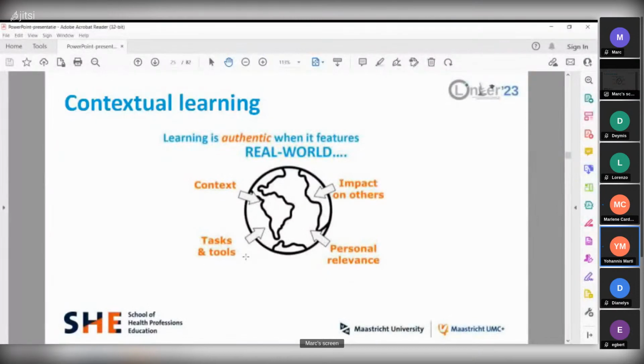People like to learn things when it's relevant to them, when they know they'll be able to use it, but also when it reflects their real life. So also by putting information in context, we're better able to understand it.